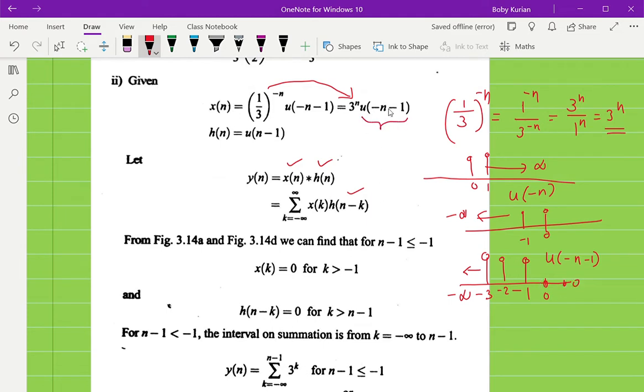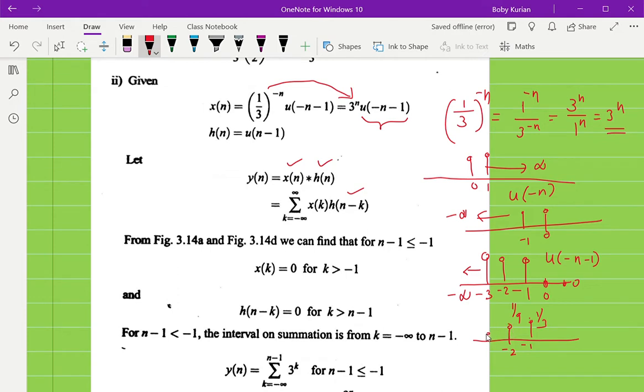So from minus infinity to minus 1, 3 raised to n into u of minus n minus 1. Its value is 1, and we multiply it with 3 raised to n. If the value of n is minus 1, then 3 raised to n is 3 raised to minus 1, that will be equal to 1 by 3. If the value of n is minus 2, then 3 raised to minus 2, that is 1 by 3 square, which is equal to 1 by 9. So it is not increasing, it is decreasing. 1 by 9 is a lower value than 1 by 3. So it is exponential.